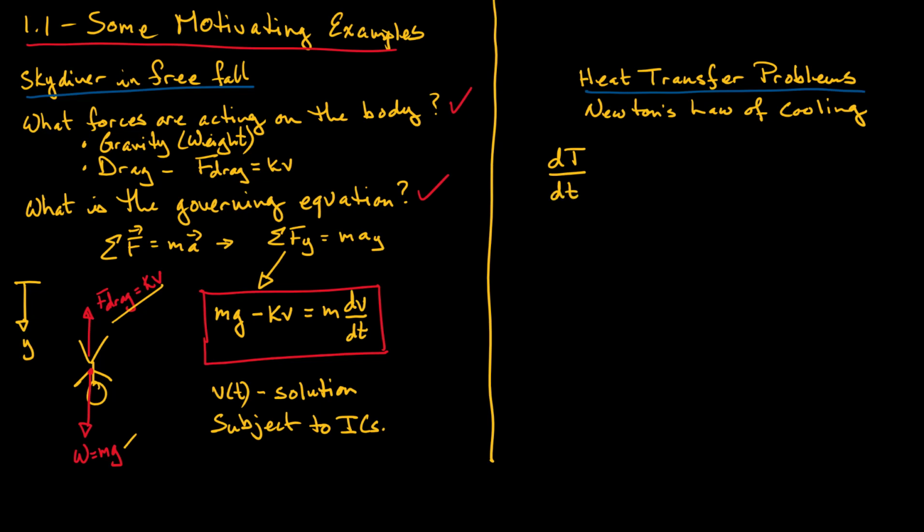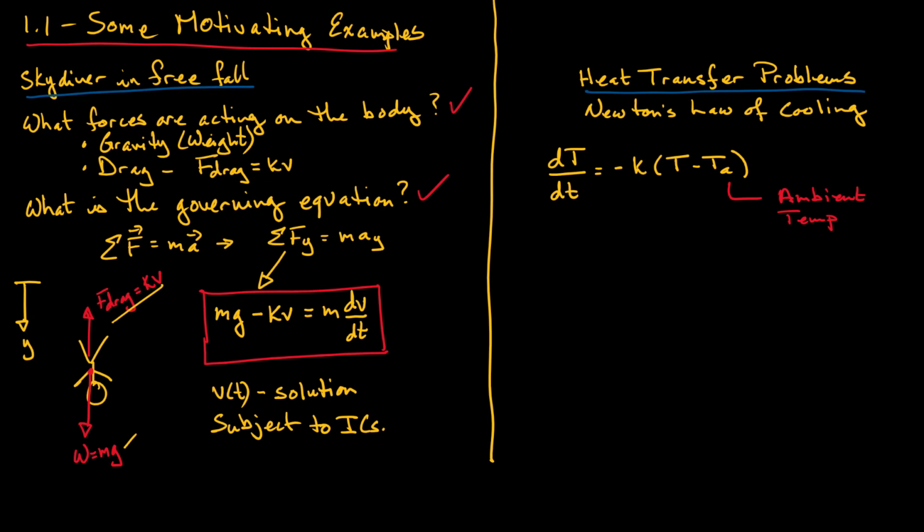So the time rate of change of the temperature of a body is proportional to the difference between the body's temperature and the ambient temperature. And in fact, we usually include a negative sign there.